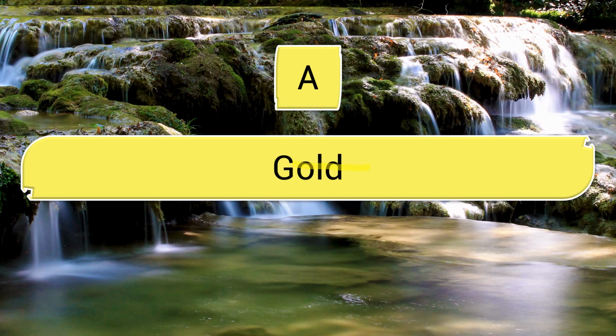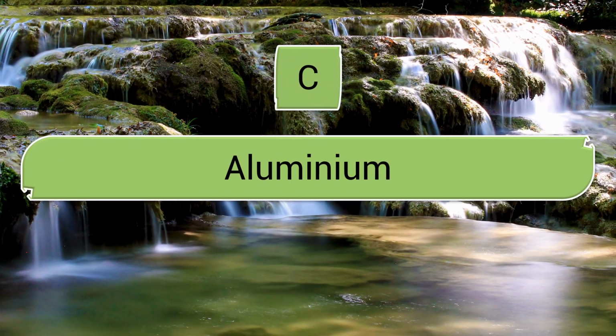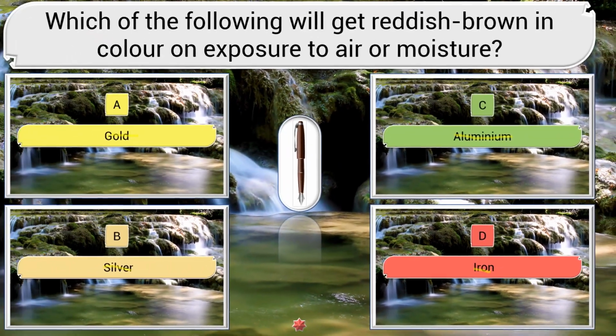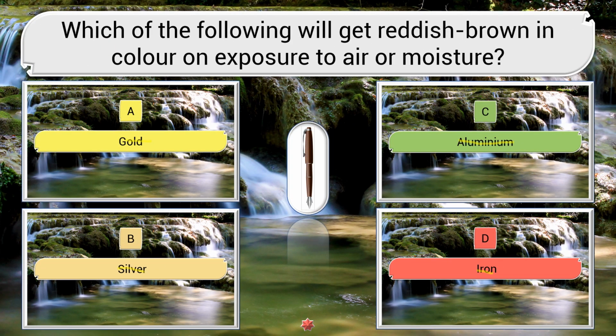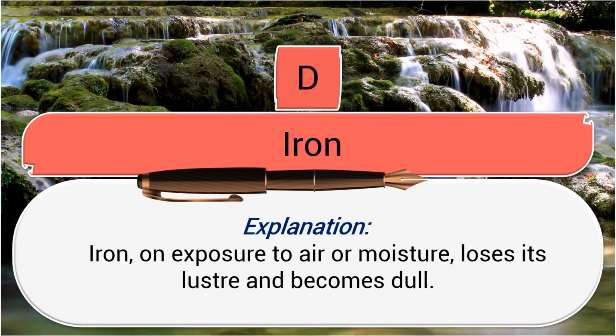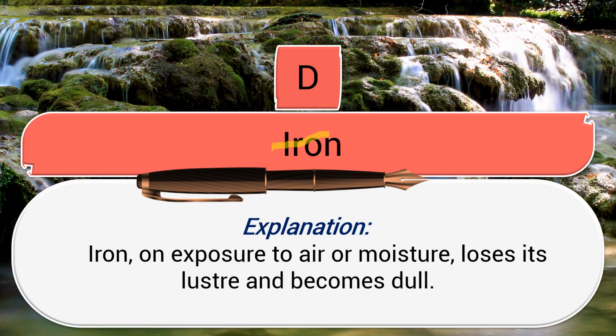Is it gold, silver, aluminium, or iron? The answer is iron. Iron, on exposure to air or moisture, loses its lustre and becomes dull.